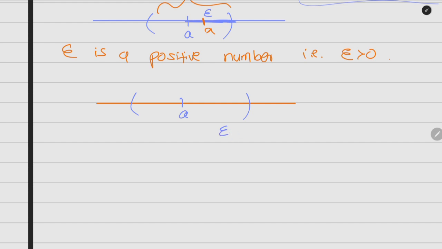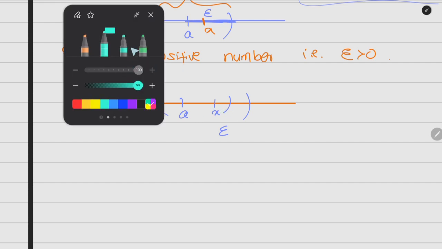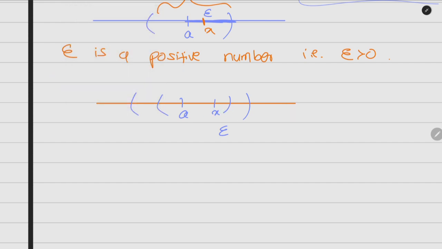Then we can choose the point X over here. Epsilon is arbitrary. If I take a small neighborhood instead of this long one, X will lie inside this neighborhood, not this one.